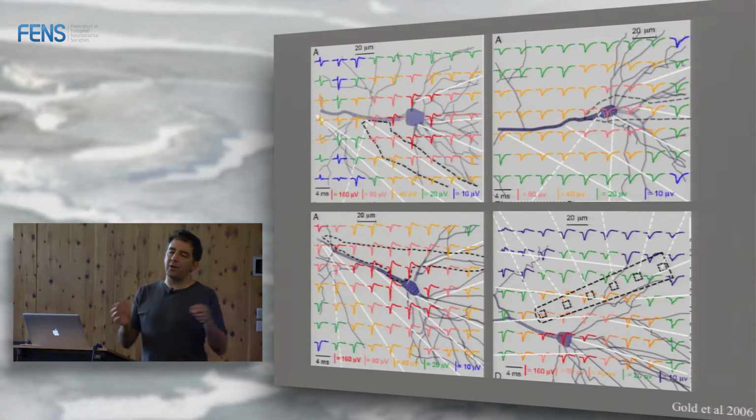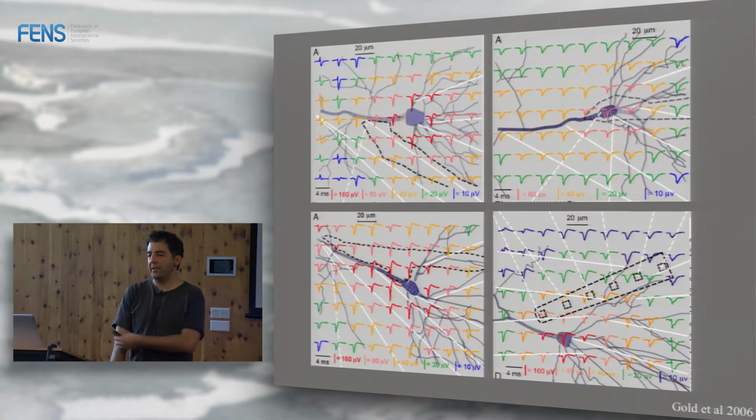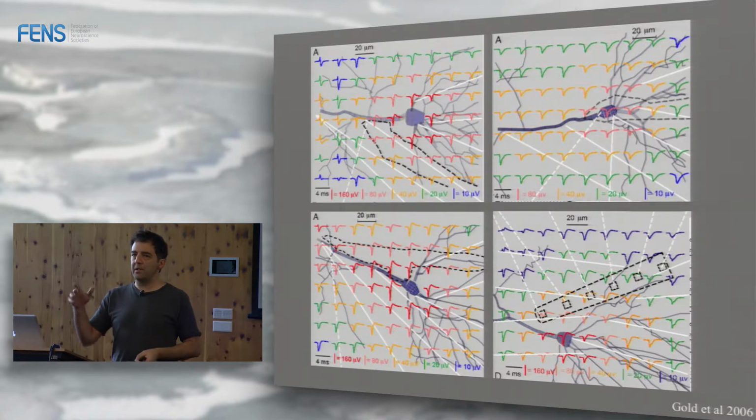If I'm interested in local fields, it depends on the frequency you're interested in. I will not show you data, but we are interested, for example, in high gamma activity, which in our case goes from 80 to 150 hertz or so. So the low-pass filter has to be at least 300, otherwise you start introducing distortions, aliasing, and so on.